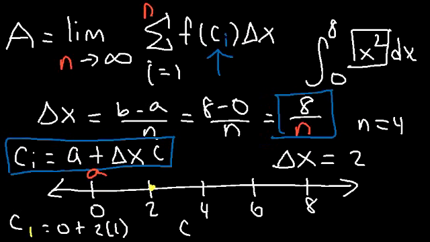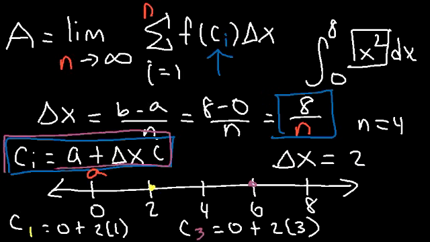So c sub 3 is going to be a, which is 0, plus delta x, which is 2, times i, which is 3. 2 times 3 will give us this point, 6. So as you can see, this expression c sub i gives you the x value where the rectangles are located. When i is 0, we get 0. When i is 1, we get 2. When i is 2, we get 4. When i is 3, we get 6. And so forth.